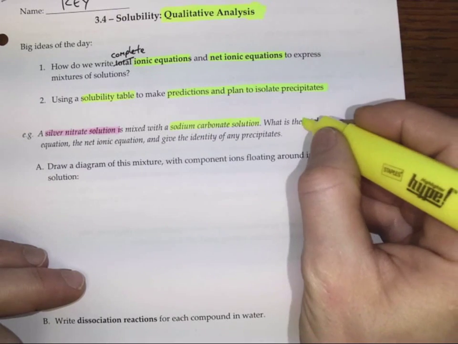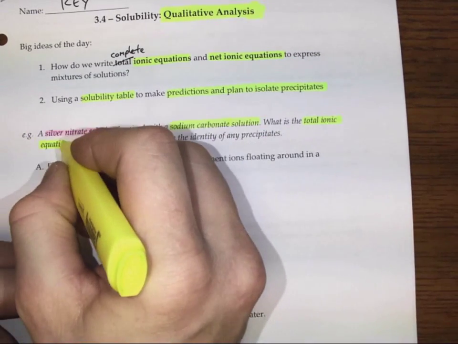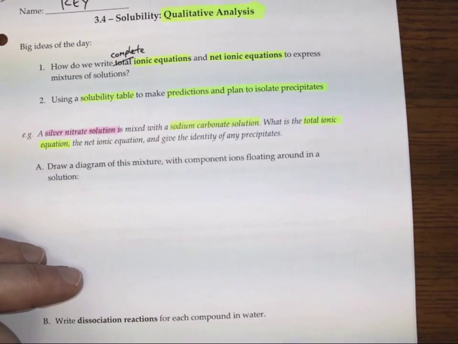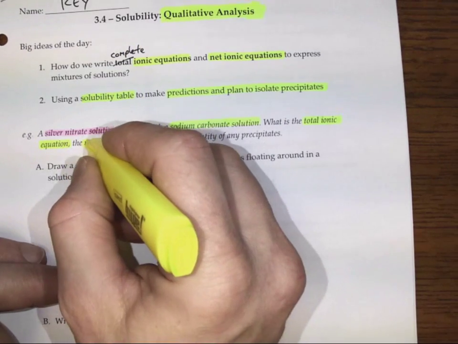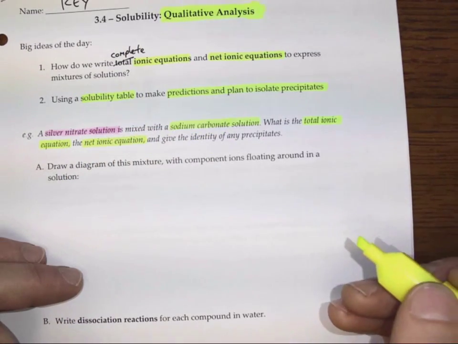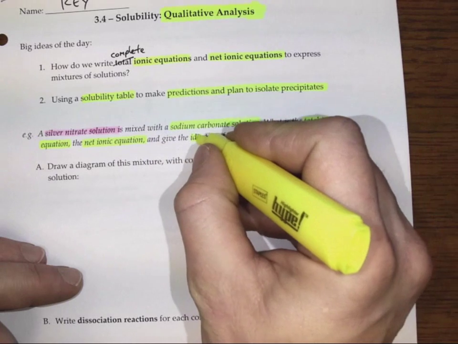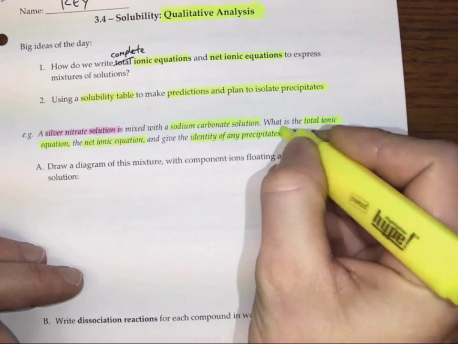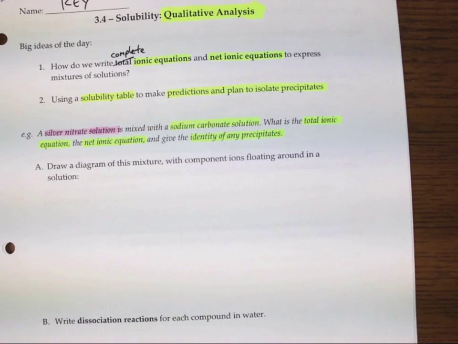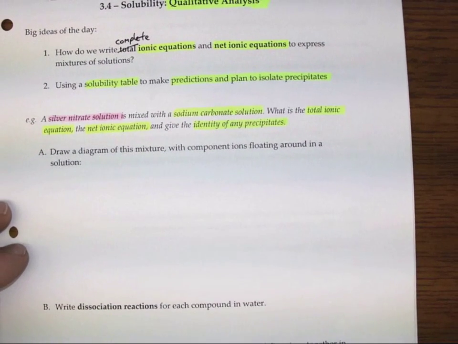And we're asked a few things. We're asked what's the total ionic equation, also known as the complete ionic equation, the net ionic equation, and give the identity of any precipitates. All right, so to scaffold a question like this, we've broken this into a few steps.